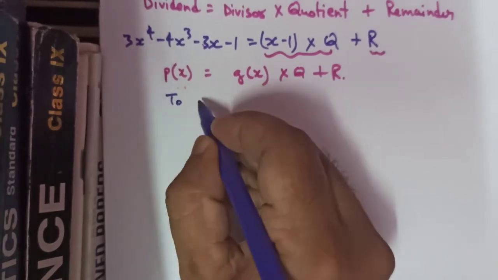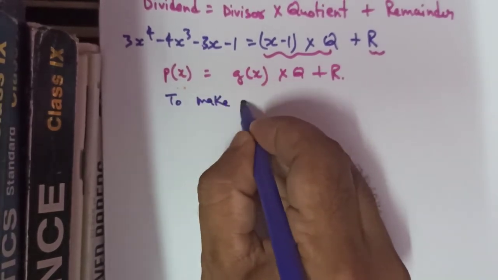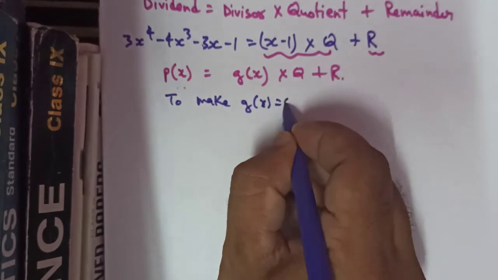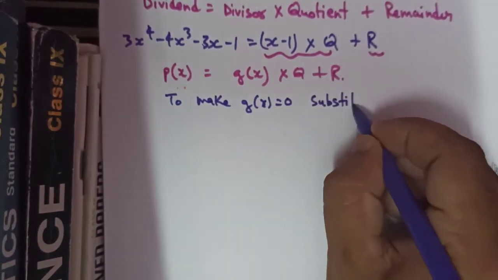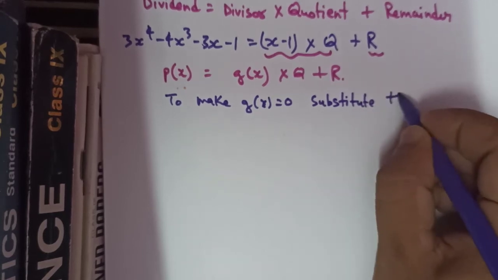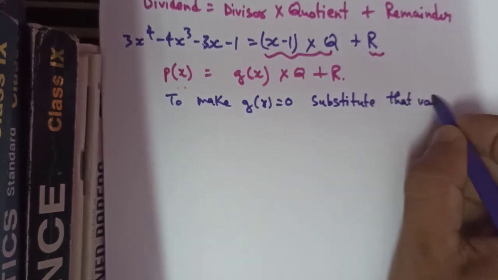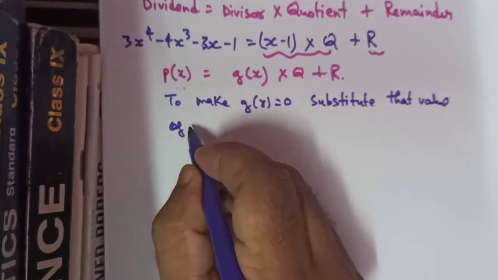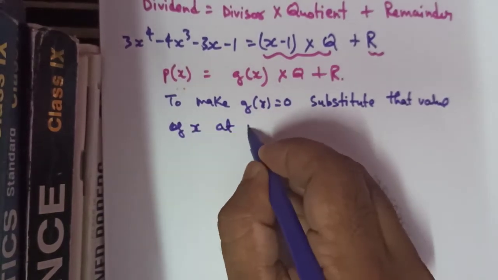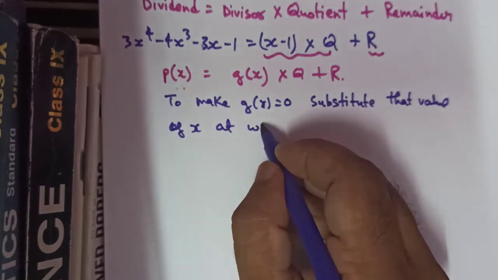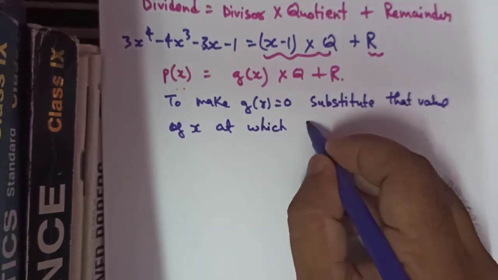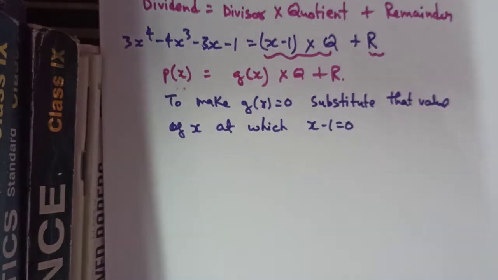To make gx equal to 0, we will substitute that value of x at which x minus 1 becomes equal to 0.